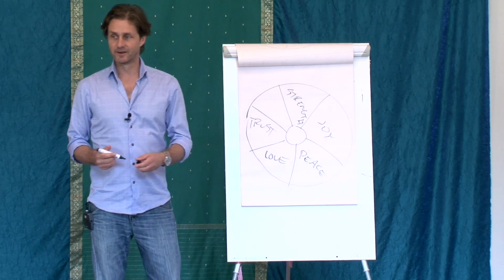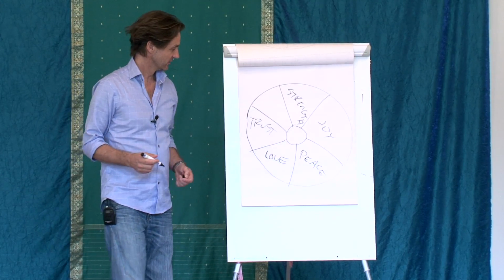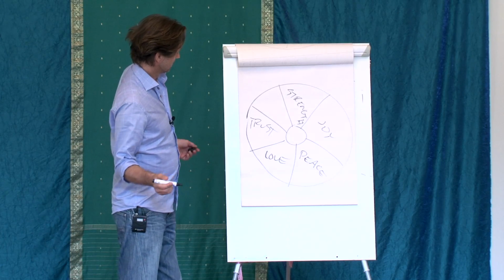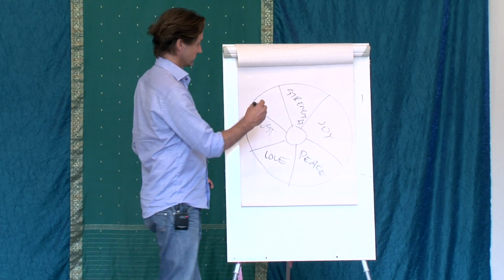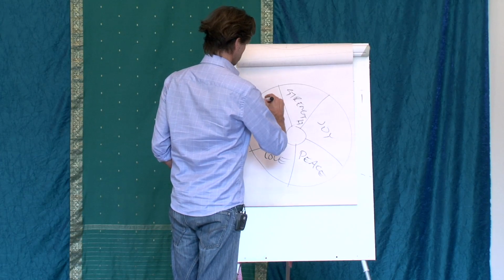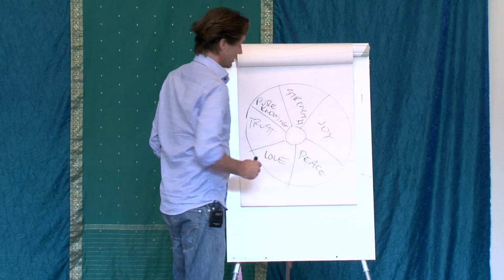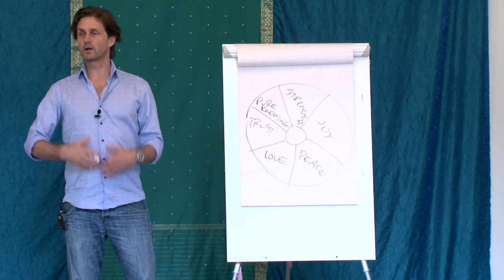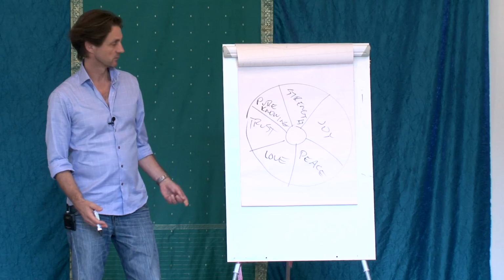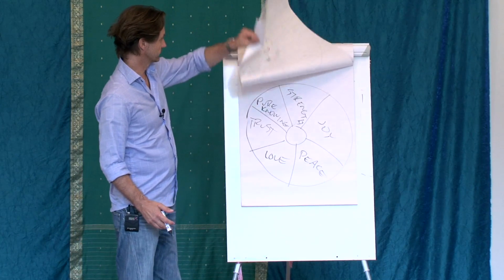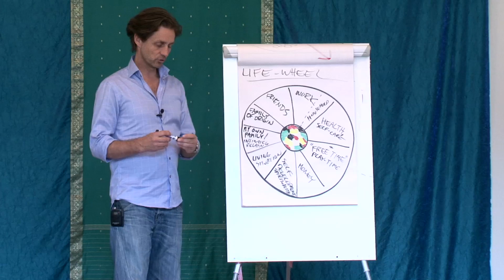Well, that was kind of here. So we can add the blue then. So we can say pure knowing. So that's another wheel. You can make up any kind of wheel. So this is the basic wheel, which is good in the beginning.